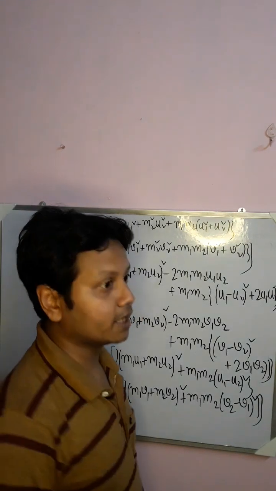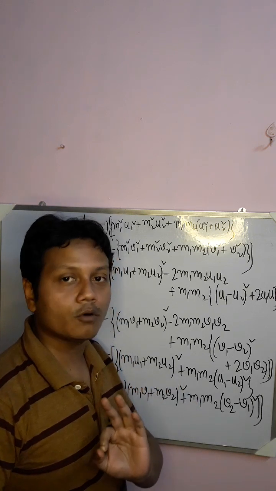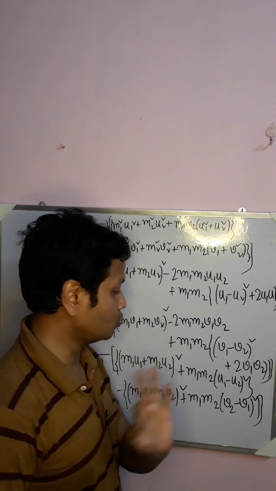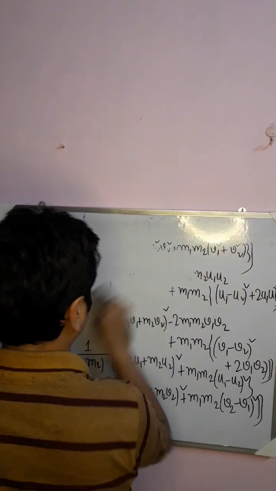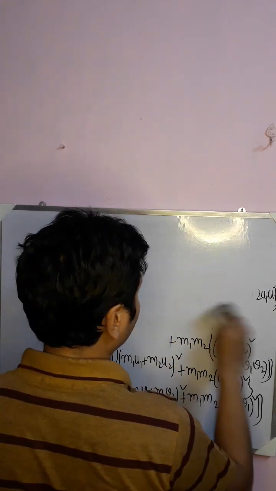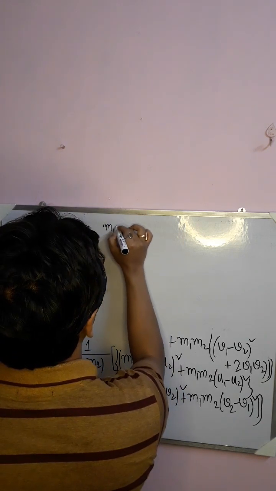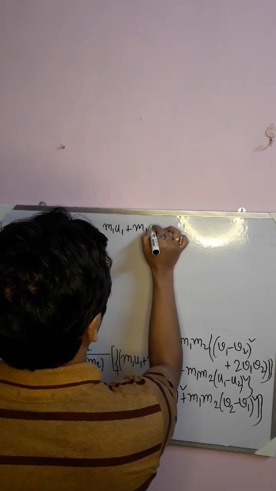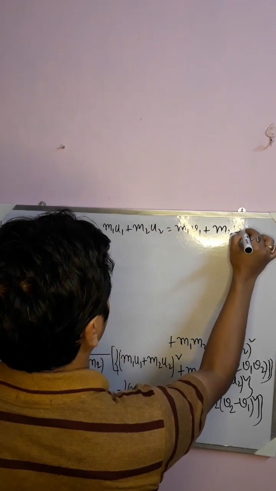Now we all know that whether the collision is elastic or non-elastic, no matter, the law of conservation of linear momentum holds good. So whatever may be the type of collision, the law of conservation of linear momentum holds good always. That means m1 u1 plus m2 u2 equals m1 v1 plus m2 v2.